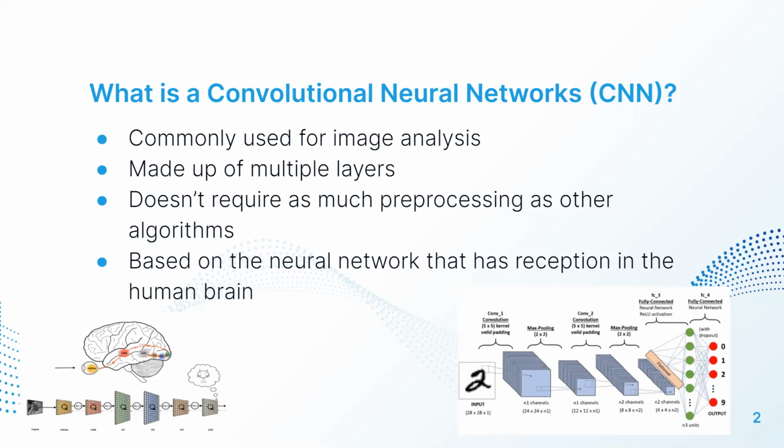The CNN is based on the neural network in the human brain, which drives this idea, and it's how we ourselves classify images. So back to the blue shoe, red shoe example, the way we can say that something is a blue shoe or a red shoe is the neural network in our brain.